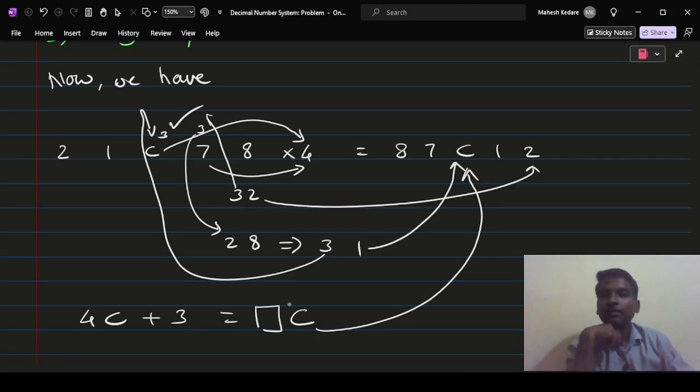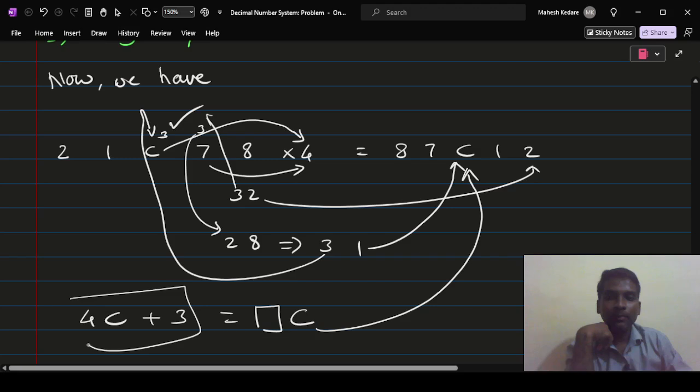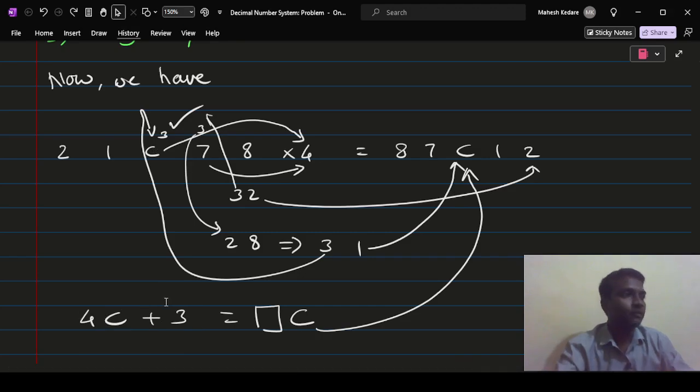Note that the number produced by this operation is always a 2-digit number because C represents a digit from 1 to 9. So 4C plus 3 can only be a 2-digit number, and we want C in the unit place of the number produced by 4C plus 3.